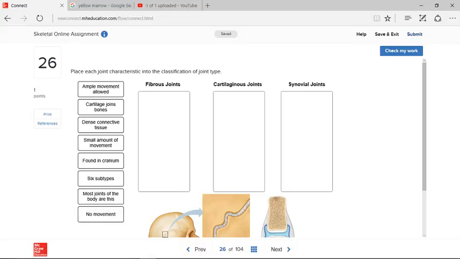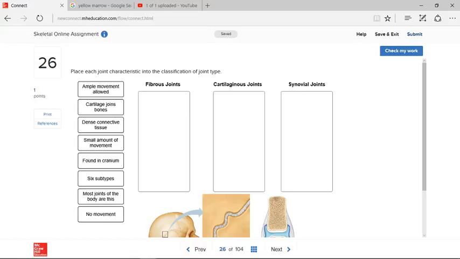Let's just read fibrous joints and fill it in from there, right? Fibrous joints lie between bones that closely contact one another and are held together by a thin layer of dense connective tissue. An example of such a joint is a suture between a pair of flat bones of the skull. Oh, okay.